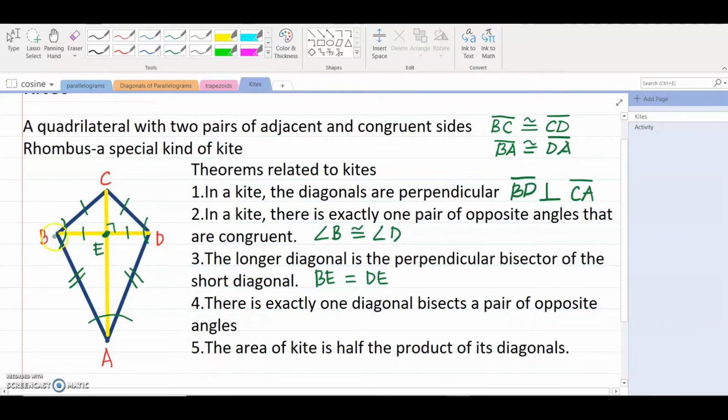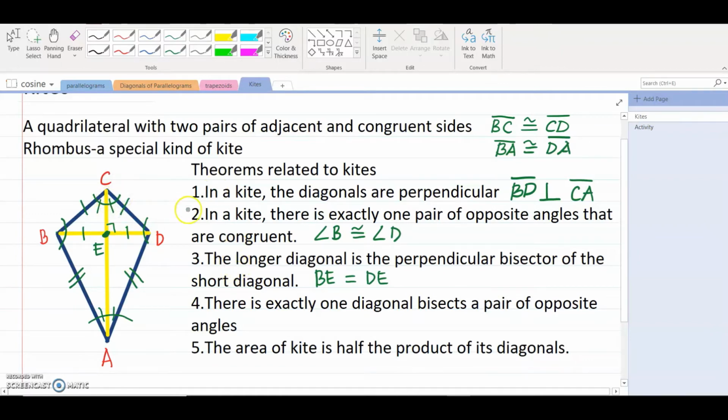Can be BAC and then DAC. Because it bisects these opposite angles into two. And then the other angle will be angle C. That will be angle BCA and angle DCA.